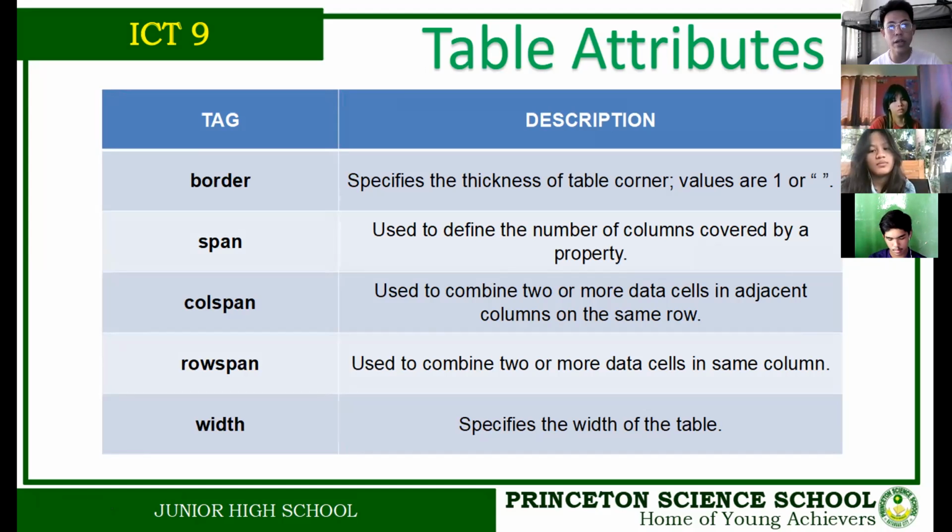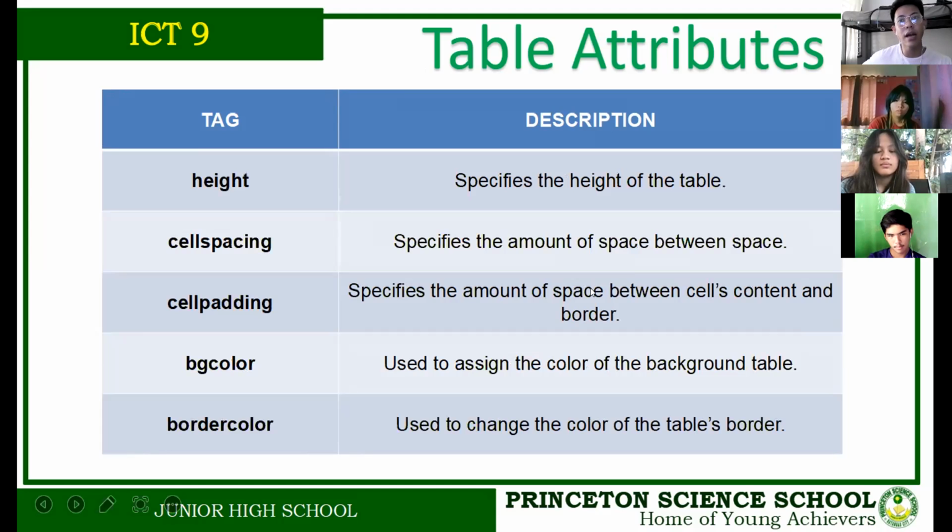So even if there are a lot of words that are going to be used inside our table, the table will still remain the same size. Okay, then next one, the height specifies the height of the table. So same goes with the width. Anything can be put inside, and the height of the table will not change.